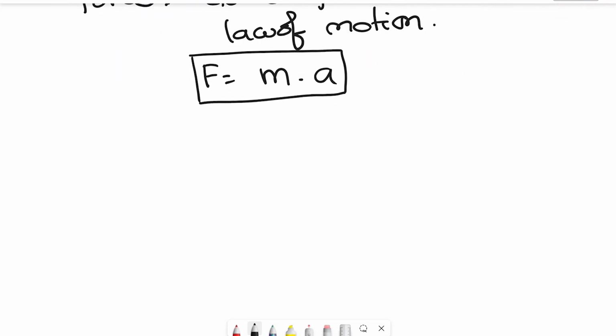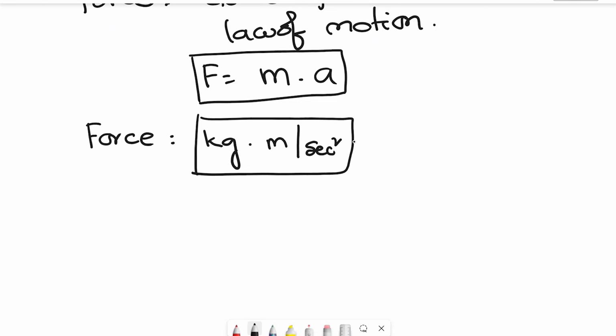Newton's second law of motion, F equals mass into acceleration, which we know already. So force is mass in kg into acceleration in meters per second square, and this unit is called Newton. This is the System International unit. Newton is written with a capital N, because capitals are used in units named after scientists.